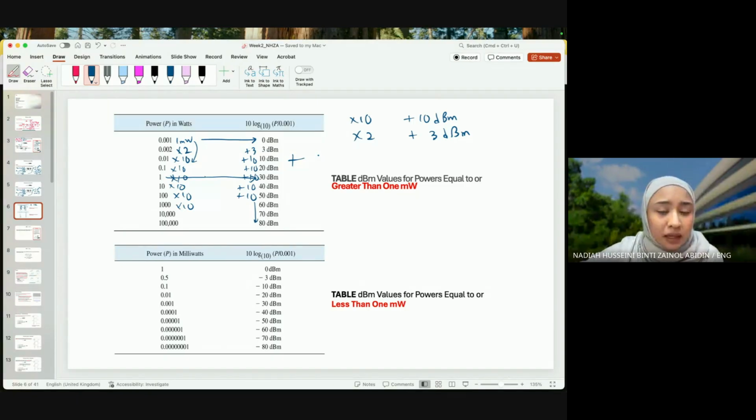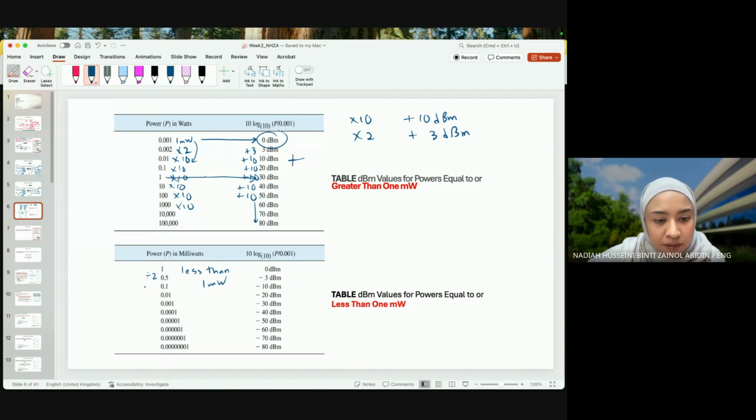Where do we get negative values? Negative values are anything that is less than 1 milliwatt. Why? Because 1 milliwatt was 0 dBm, that was the reference. Anything less than 1 milliwatt will give you a negative dBm. So this one is divided by 2, you get minus 3.